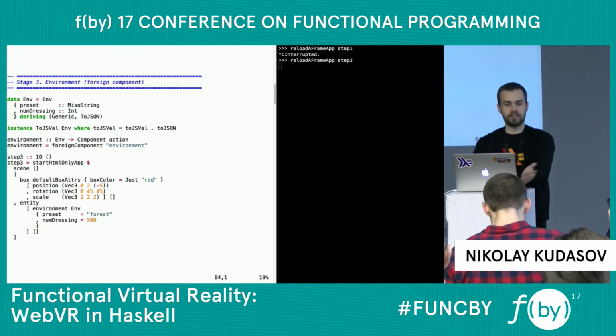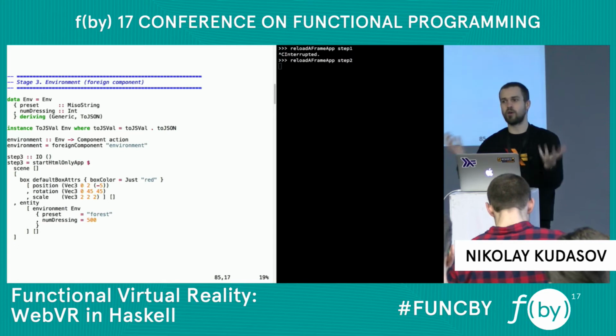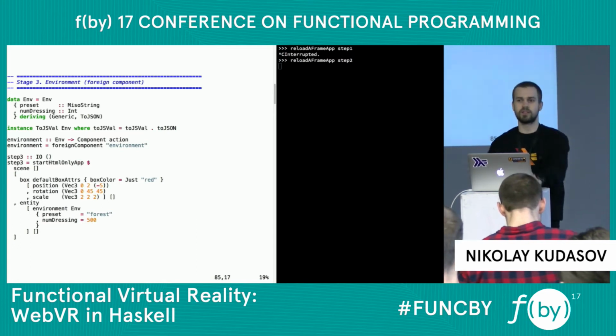And it has, among other things, two attributes. A preset is a name of a preset that creates the environment, and num dressing is how many objects to create, like to not make your browser work slow.